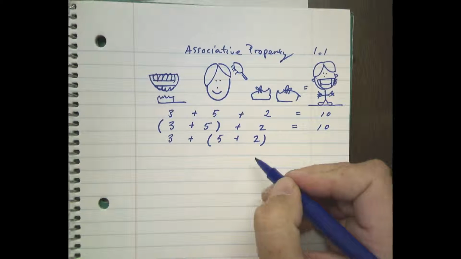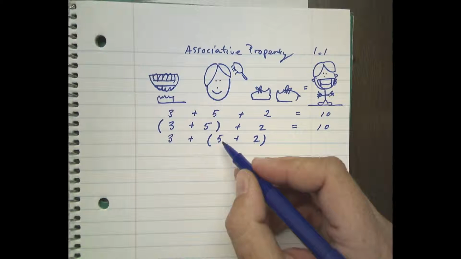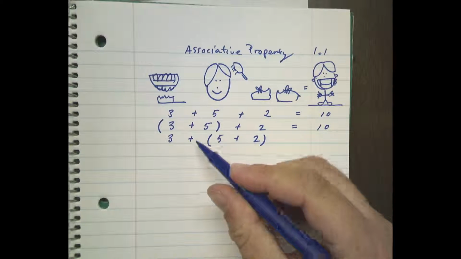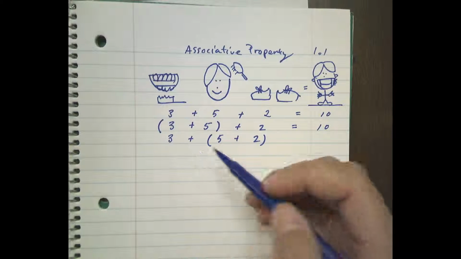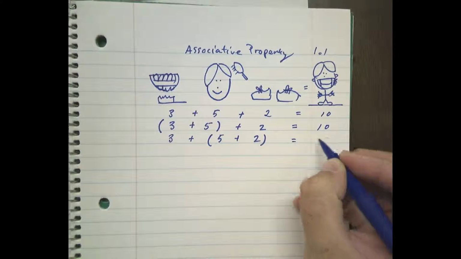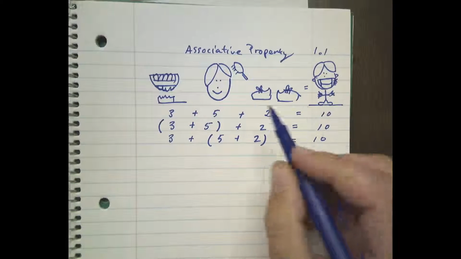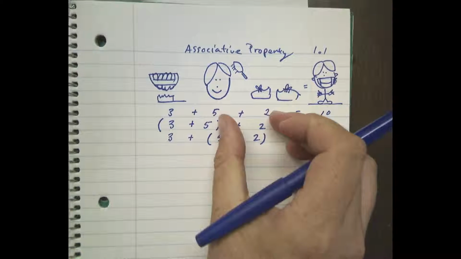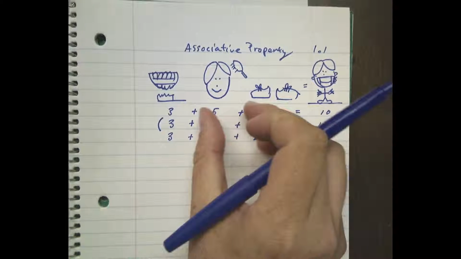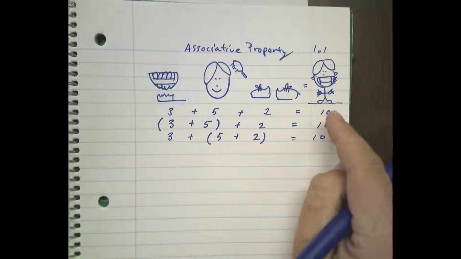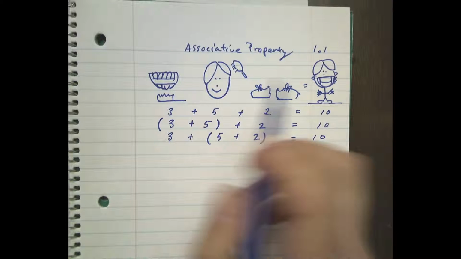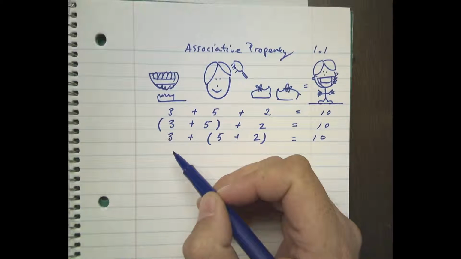And we'll see if we get the same answer, which we should. So 5 plus 2 is 7. And then I have a 3 plus another 7, which would equal 10. So look at that. It doesn't matter which order I do these in, or whether I group these two together, or if I group these two together, I will still look good for the day and be a 10. So this is the associative property of addition.